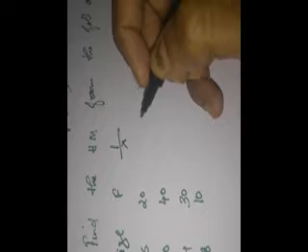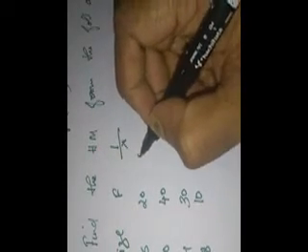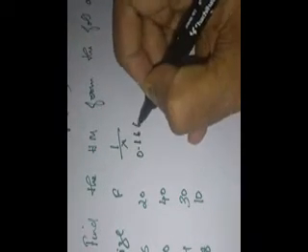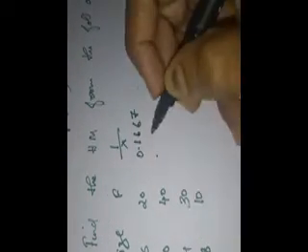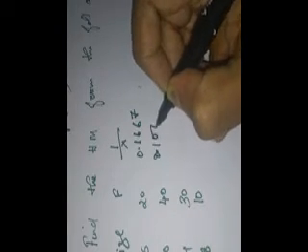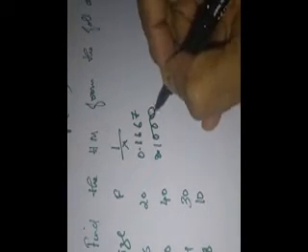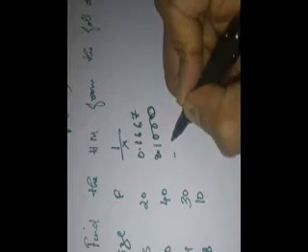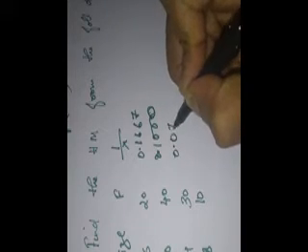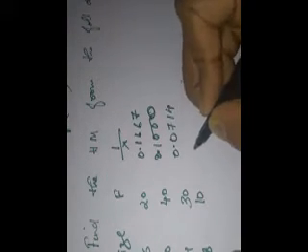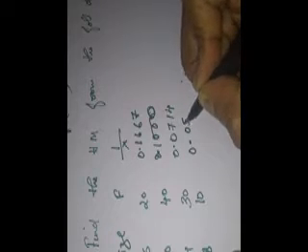So 1 divided by 6 is equal to 0.1667, you can round it off. Next, for 10, you will be getting 0.1000, right? 3 zeros. Next, you will be getting 0.0714. Next is 0.0556. These are the values you will be getting.